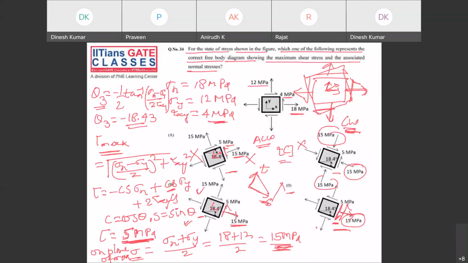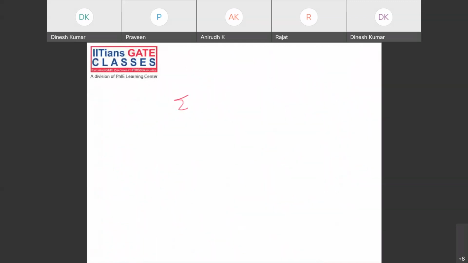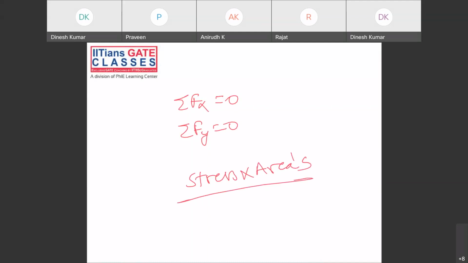Now someone will say, how, sir, can we solve this problem? What you can do is take sigma Fx equal to 0 and sigma Fy equal to 0, meaning force equilibrium. How can you find force equilibrium from stresses? You multiply these stresses by areas and you will find forces.